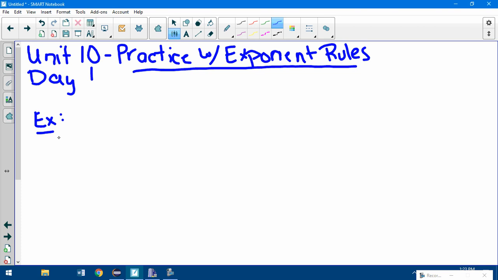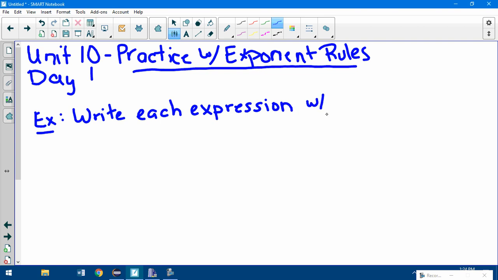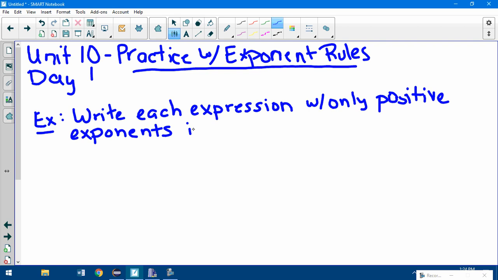It's going to say, write each expression with only positive exponents, in simplest form. That means if you can reduce, we've got to reduce.